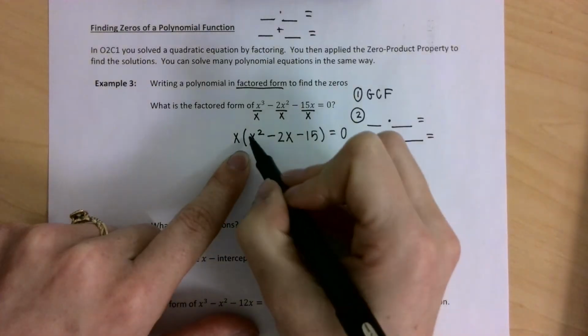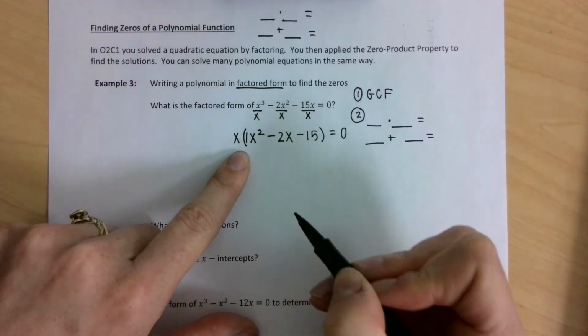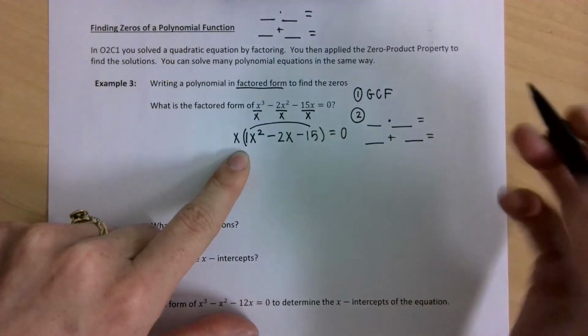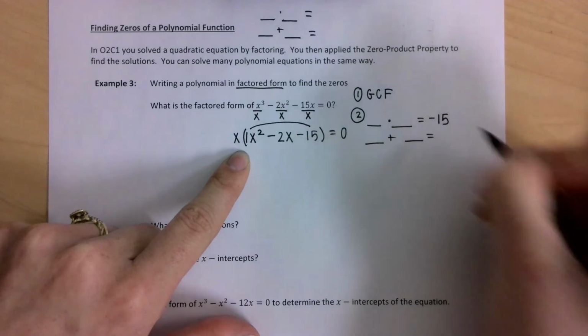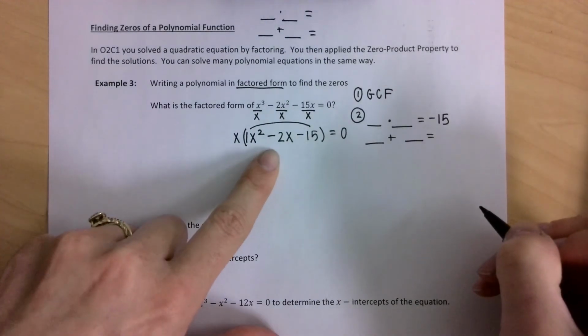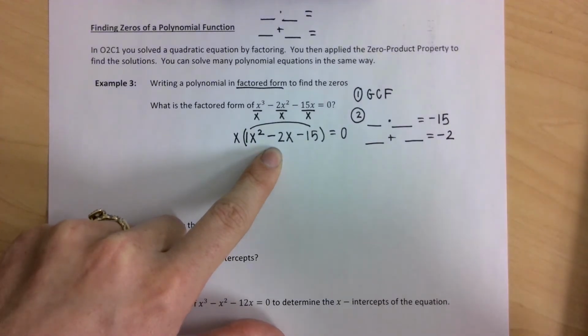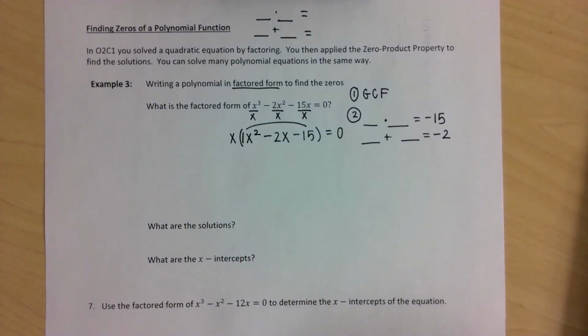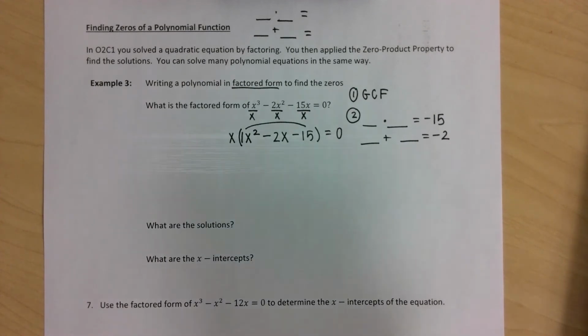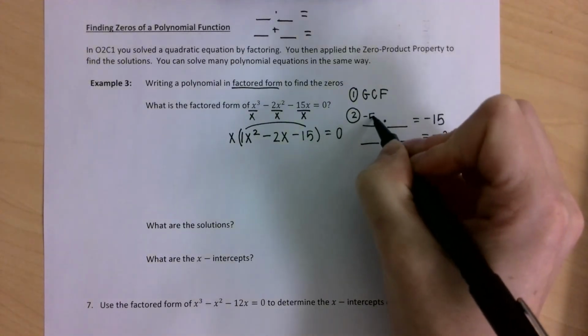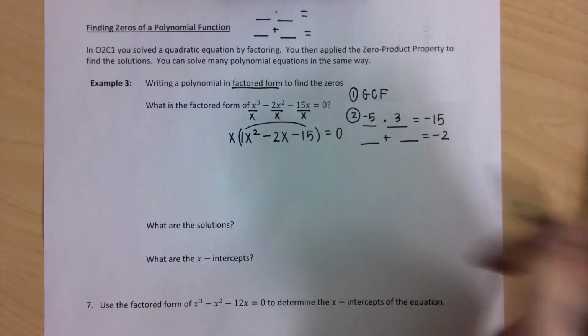To find what we multiply to, we're going to take our a value, which is a 1, multiply by c, so I get -15. I'm trying to add to the middle value of -2. The two numbers that multiply to -15 and add to -2 should be -5 and +3.